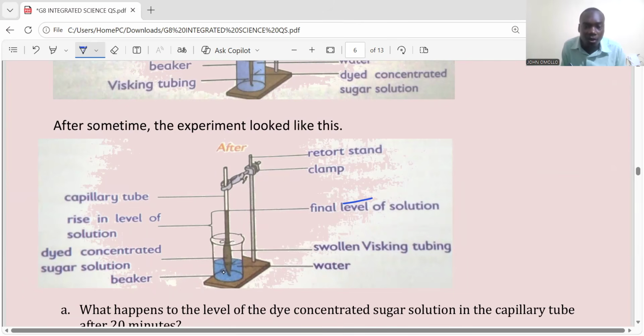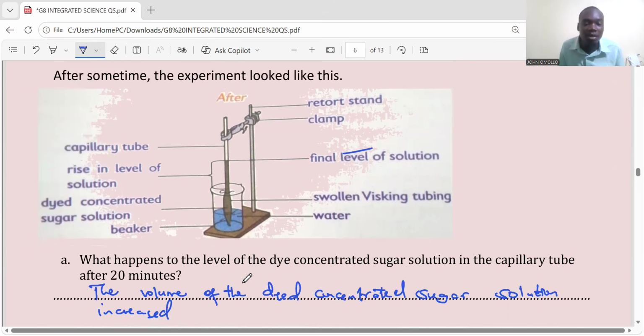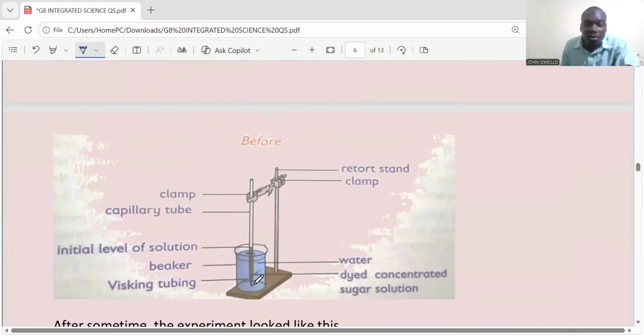Initially, they asked what happens to the level in the capillary after 20 minutes. The volume of the dyed concentrated sugar solution increased. You have seen that this dyed concentrated sugar solution is within the visking tubing, within the capillary tube, but water is within the beaker.